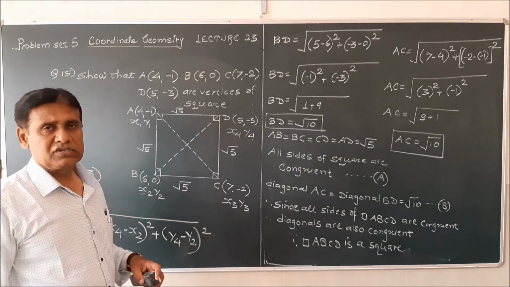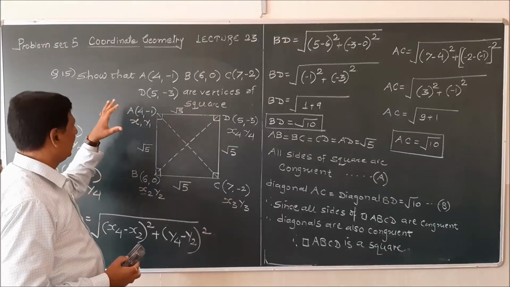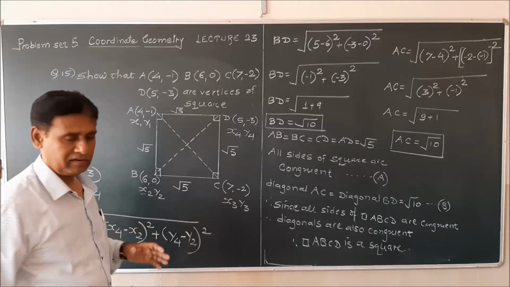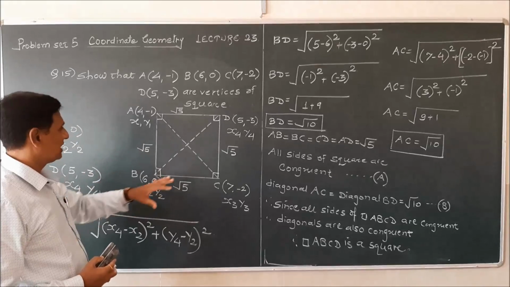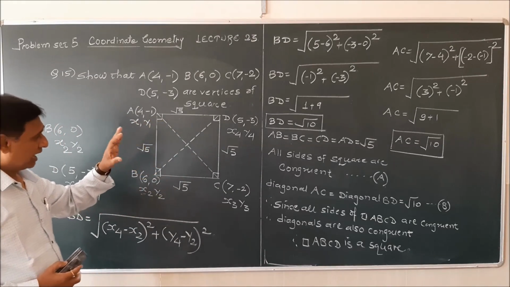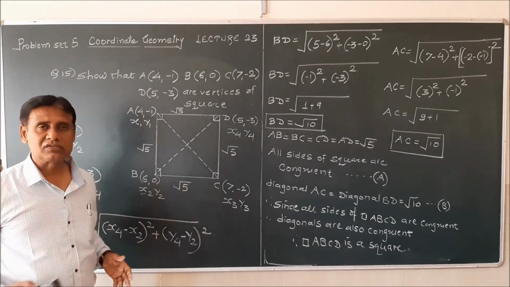So very important to know that to prove quadrilateral ABCD is a square, we have to prove all sides congruent as well as diagonals congruent.